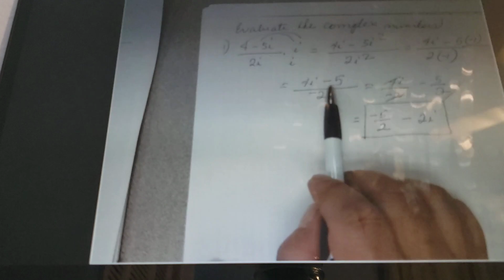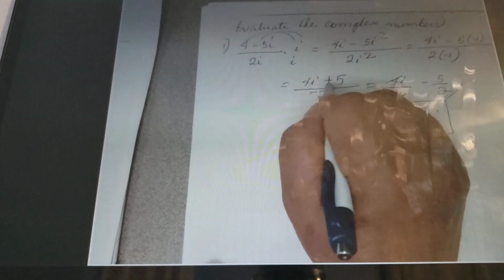Negative 5. Yeah, 4i, 5 negative 1. Okay, positive 5, correct.